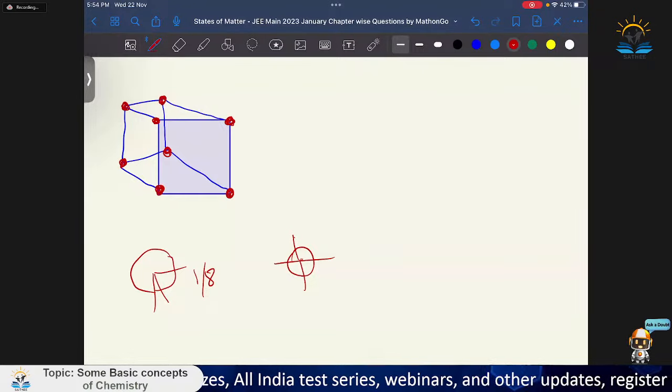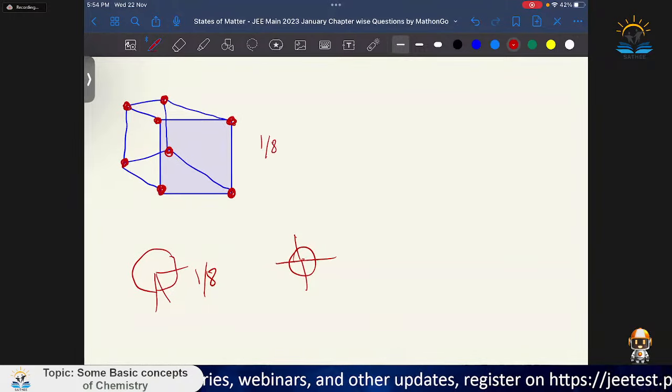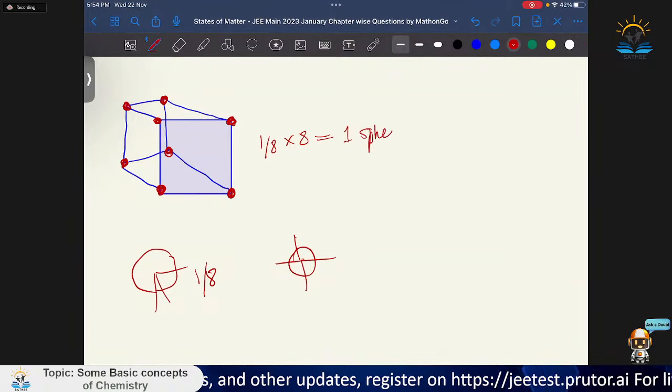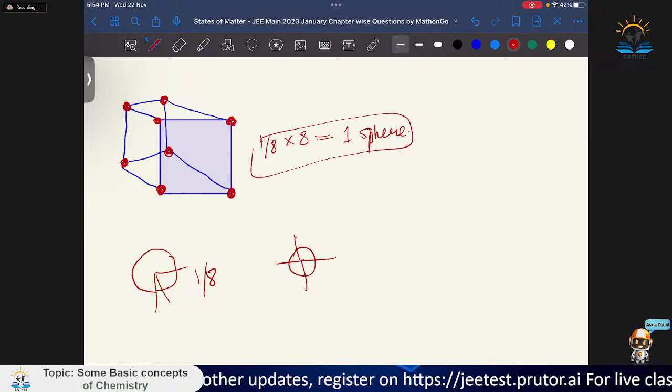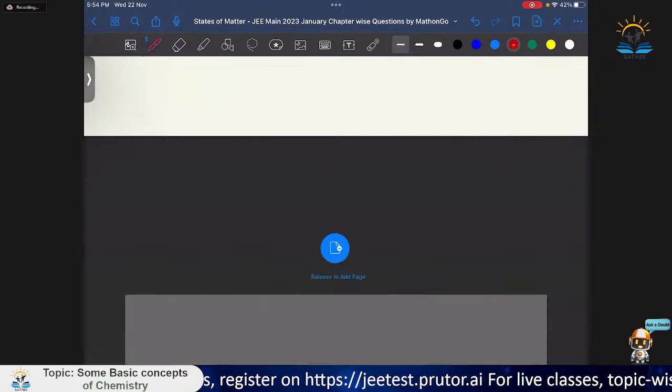So here 1/8 of a sphere is covered by a cube. So there are 8 spheres. So 1/8 into 8 spheres. So 1 sphere in total is there in 1 cube. Okay, 1 molecule can be accommodated in simple cubic structure.